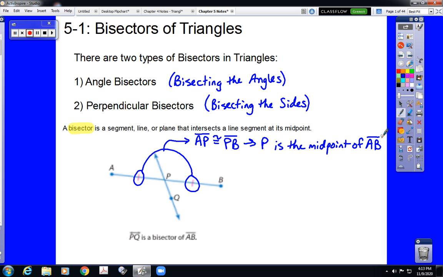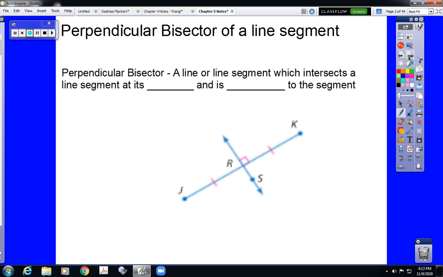That allows us to state that PQ is a bisector of AB because PQ is cutting AB into two congruent parts.